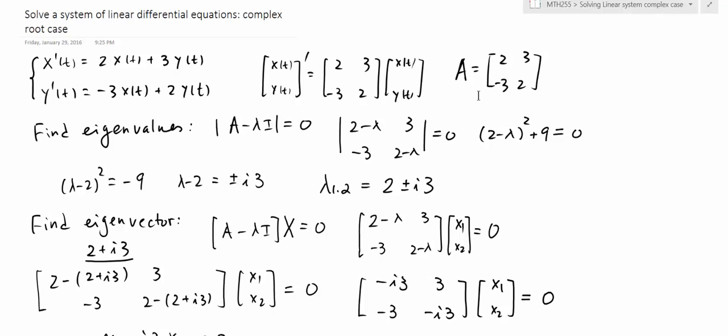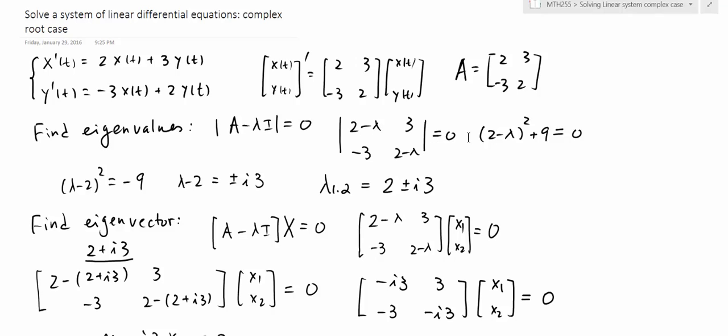We first find eigenvalues, and we set up the determinant of matrix A minus lambda I. This I is the identity matrix, so lambda is simply on the diagonal. Then we have 2 minus lambda and 2 minus lambda on the main diagonal, and 3 and -3 on the minor diagonal. The determinant is supposed to be equal to 0 for eigenvalues.